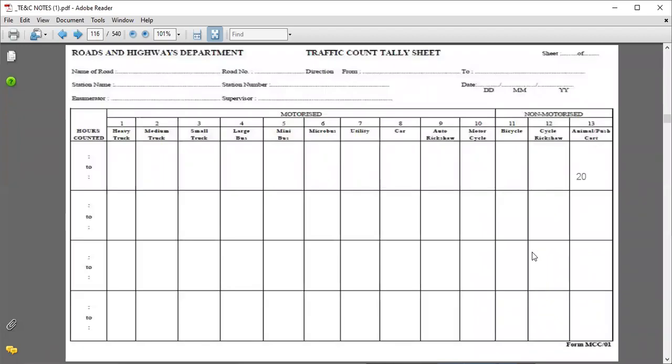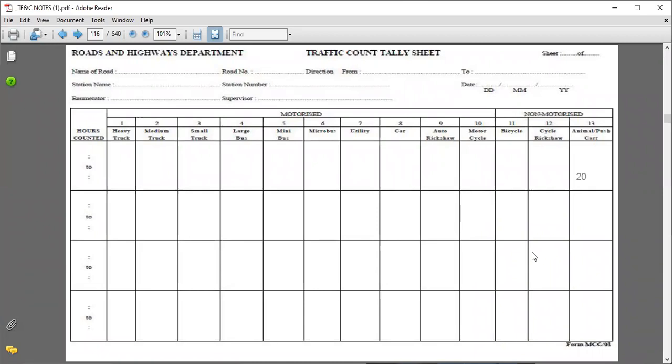Likewise, the sheet is prepared, and on that sheet we have to write the number of vehicles moving on that road. On that sheet we write which area we decided to survey, which direction, and the time, from what time to what time we do the traffic survey.